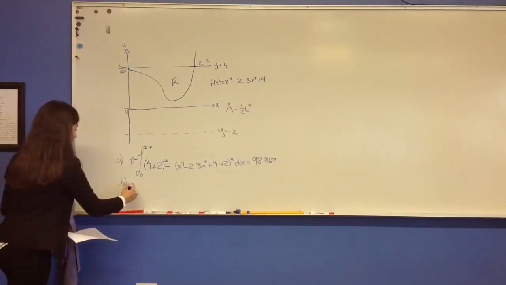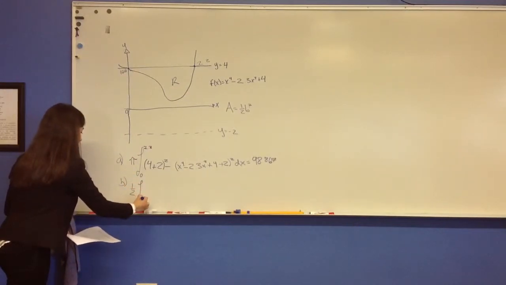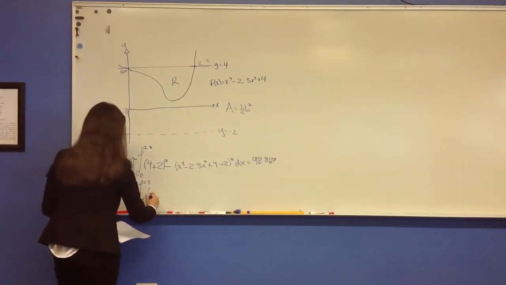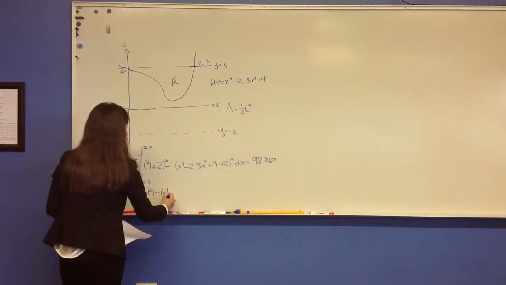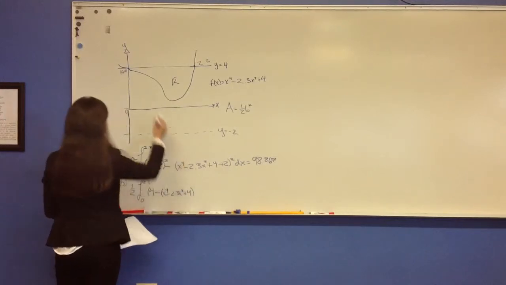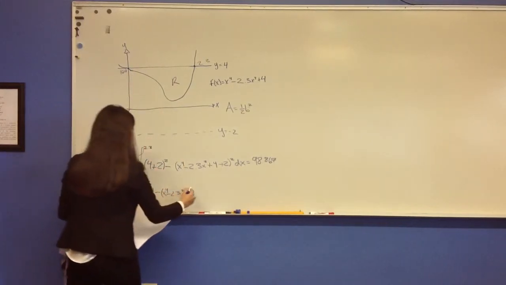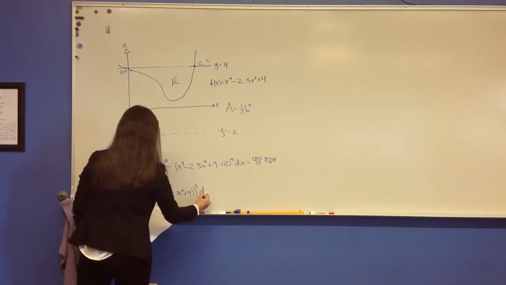So what you do is you say 1/2, because you can bring that out from the equation, and do the integral again from 0 to 2.3. And then you just sort of mesh everything together. You have 4 minus (x to the 4th minus 2.3x cubed plus 4), because once again, this is the bigger, this is the smaller, and then you're going to do all of that squared dx.